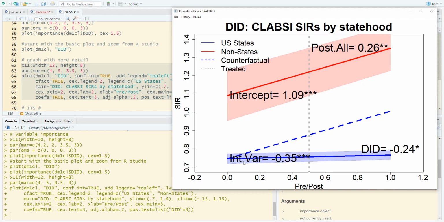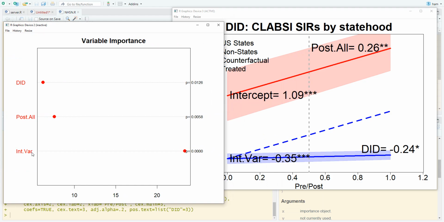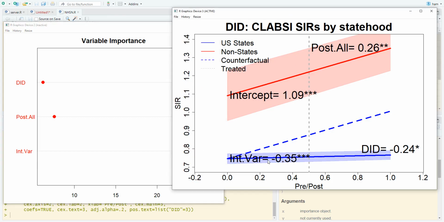INT var, I believe that was the most important predictor. Yeah, it was. We see that INT var is at the bottom of the importance plot, indicating that it's the most important. That is negative 0.35. So our U.S. states had a lower SIR by about 0.35 points before 2020, and 2020 is that vertical dashed line.